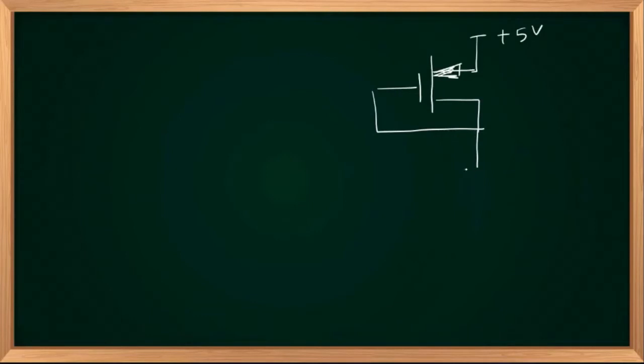Let us see the similar condition for a p-channel device like this p-channel device. Here plus 5 volts, this is grounded, and Vt equal to minus 1 volt. What's your answer?